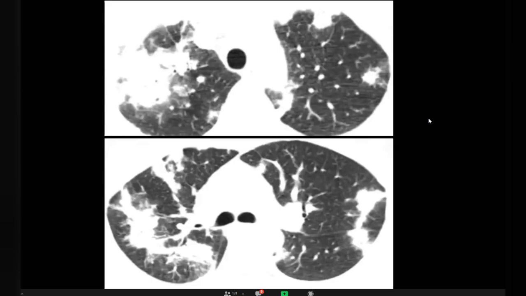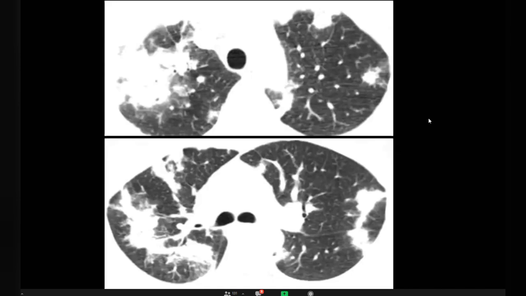Sir, in the CT scan, the axial images are provided in the lung window, and I can see patches of consolidation which are predominantly peripheral based.